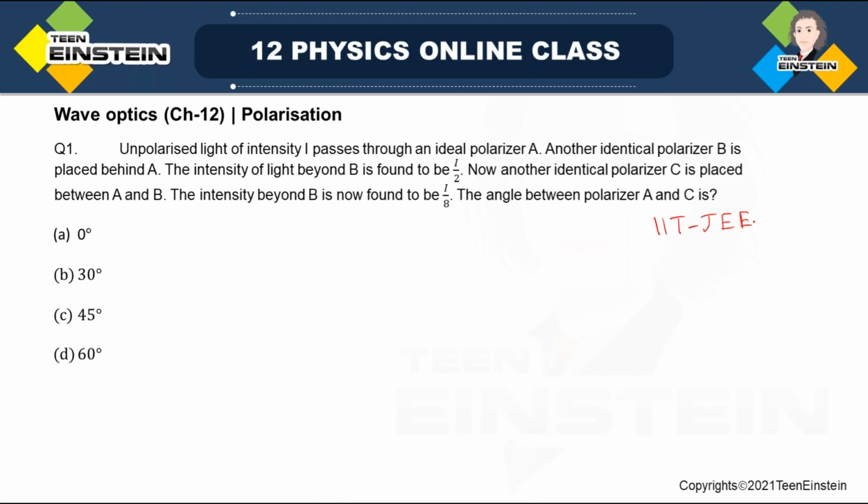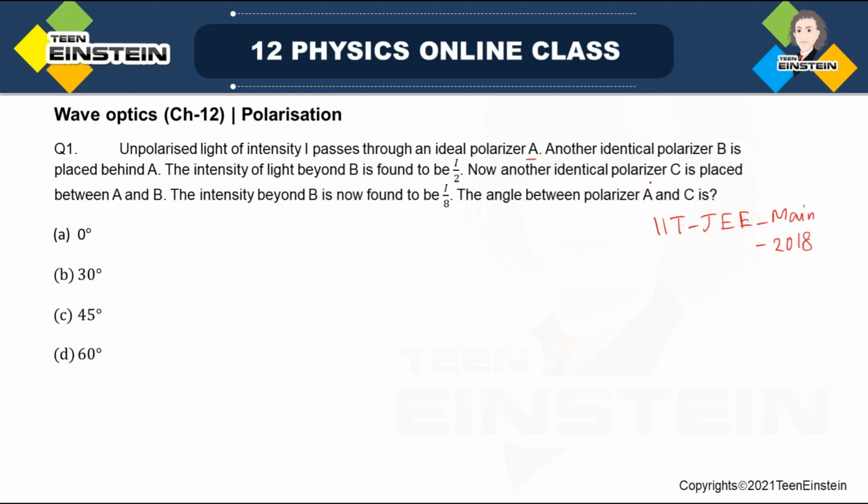The question says, unpolarized light passes through a polarizer A. Another identical polarizer B is placed behind A. The intensity beyond B is found to be I by 2.